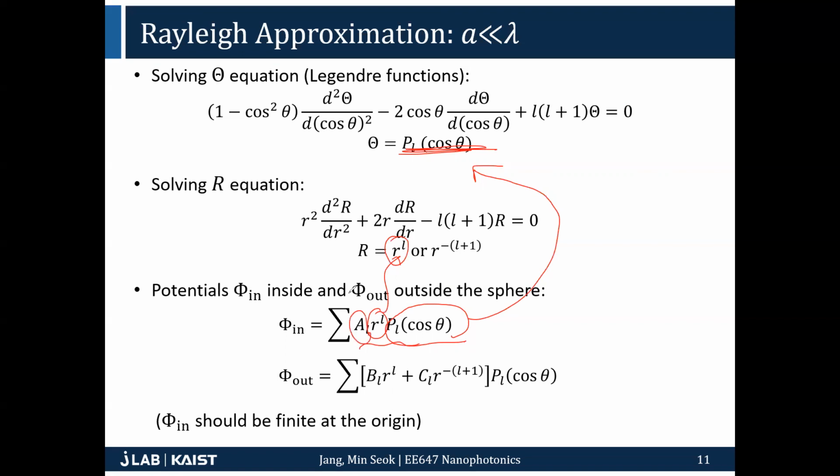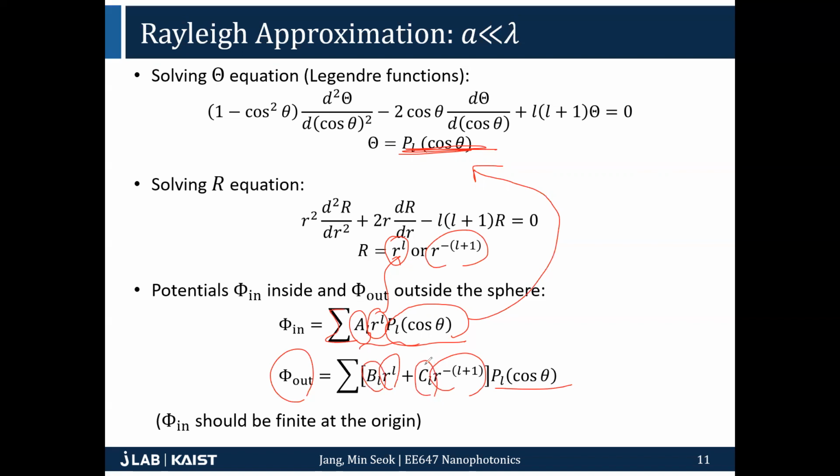And A_L is just the coefficient. You have a linear combination, so basically making a series. And then outside, you have the same form, but you can have two choices of R. It can be either R to the L or R to the minus L plus 1, so you need two kinds of coefficients.